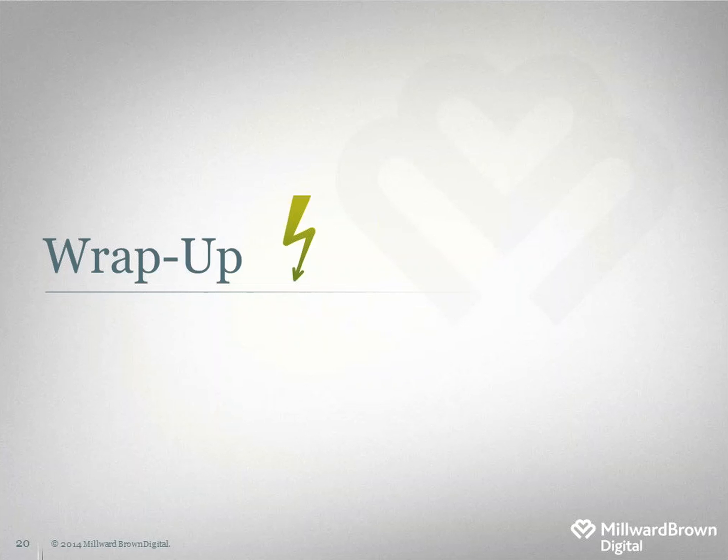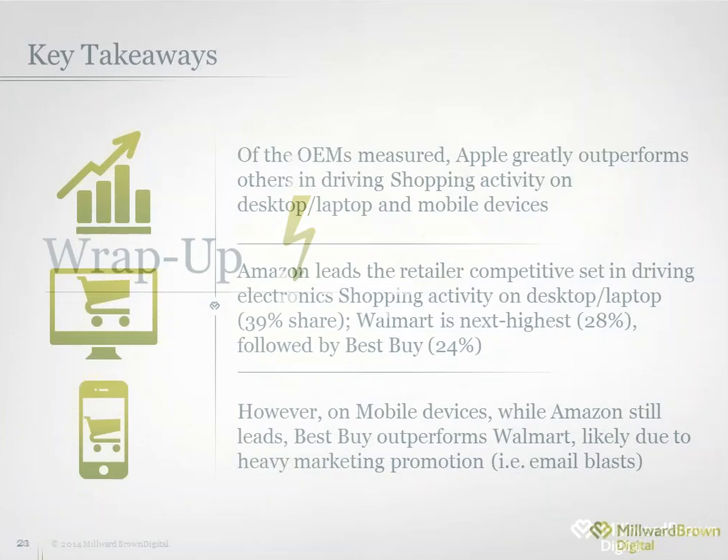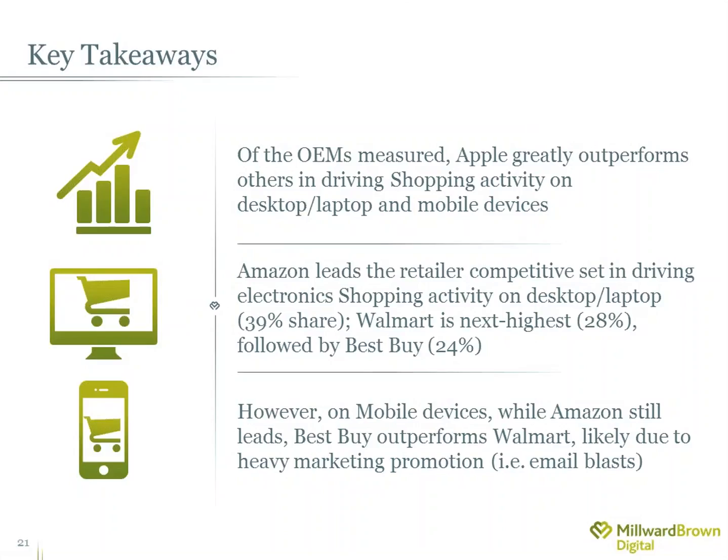So that wraps up the content. As a quick review, of the OEMs that we took a look at, Apple really outperforms the other in terms of driving shopping activity on both sets of devices. But we did see that Microsoft does a good job on the desktop side, but maybe has some room for improvement on the mobile side.